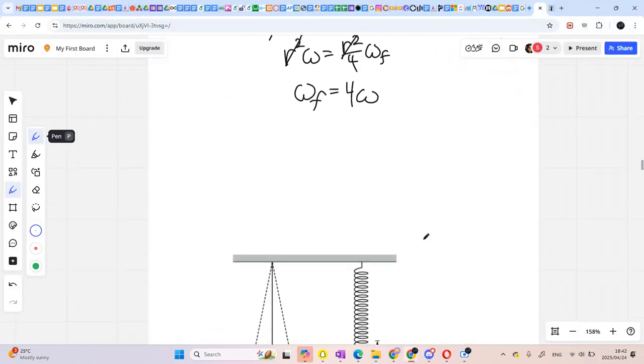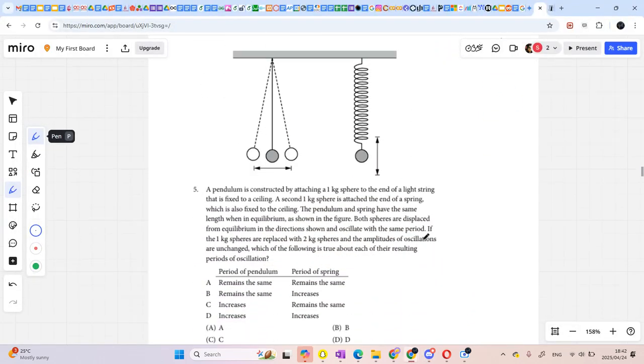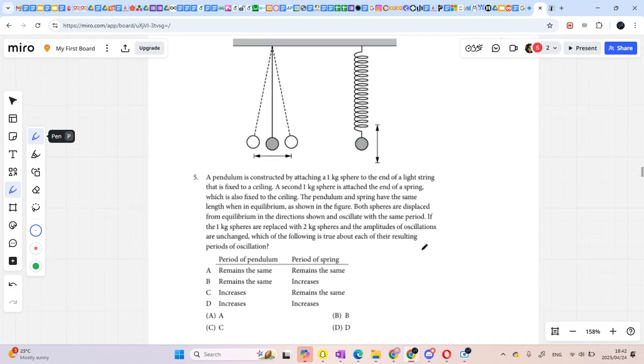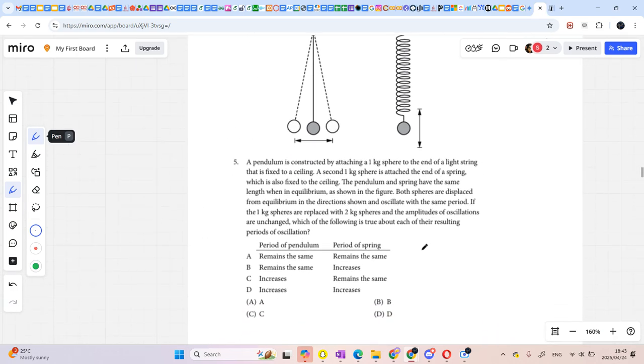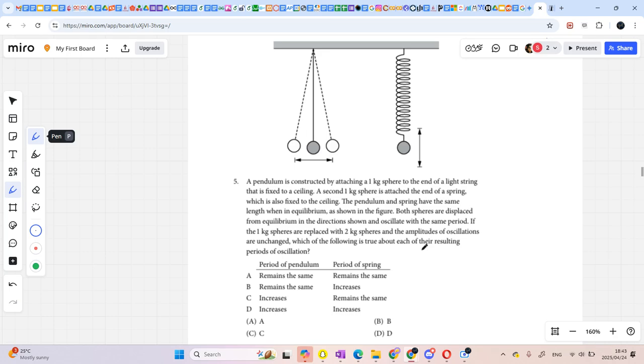This was one of those ones that they throw a lot of information at you, but it's really just a matter of simple dependencies. So let's take a look. A pendulum is constructed by attaching a 1 kilogram sphere to the end of a light string that's fixed to a ceiling. The second 1 kilogram sphere is attached to the end of a spring, which is also fixed to the ceiling.